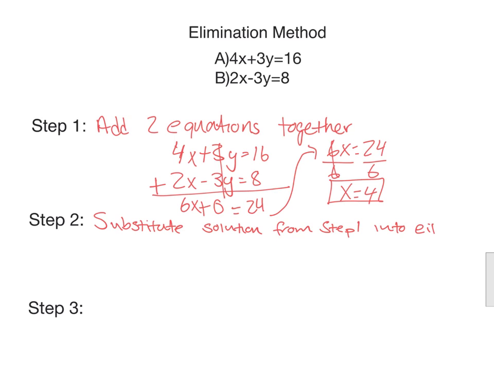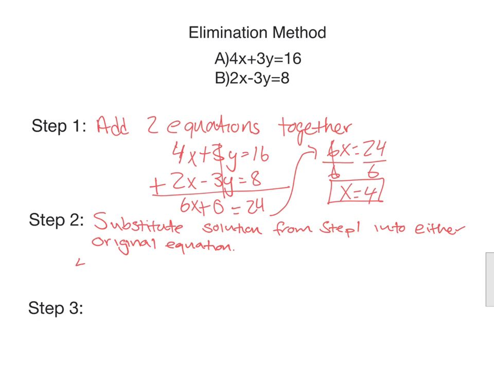Into either original equation, I'm going to say. Which are my original equations? Those two right there, right? The 6x equals 24, that's not my original equation. Okay. Does it matter which one we plug it into? Does it? No. Okay. So I'm going to plug it into equation A, just because.